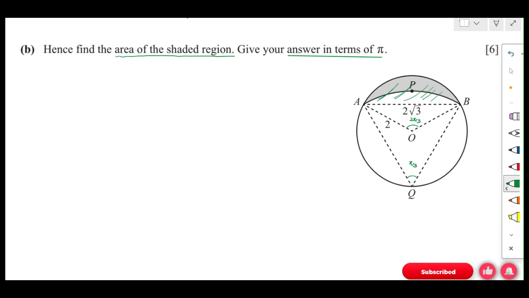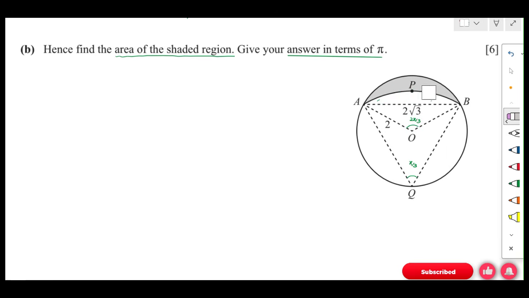Same thing, you have to figure out the area of the sector QAPB and the area of this triangle. From the sector area, subtract this triangle, and you will get this area. So from the whole area, if you subtract this one, you will get the shaded area, right?